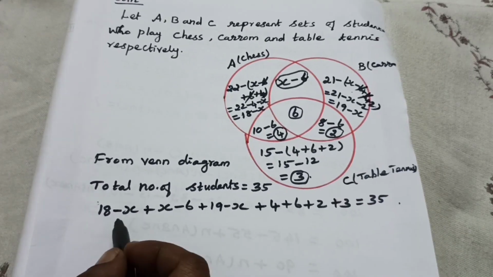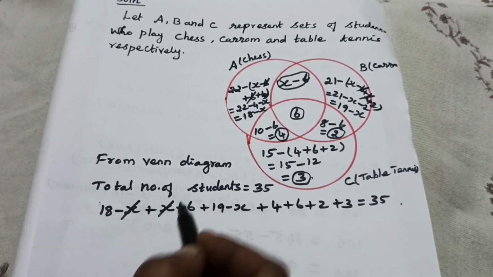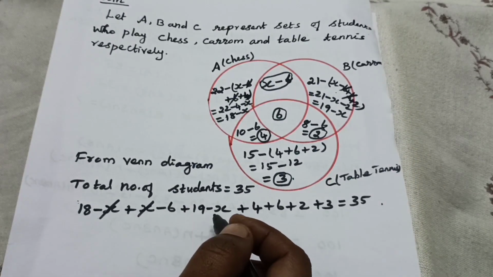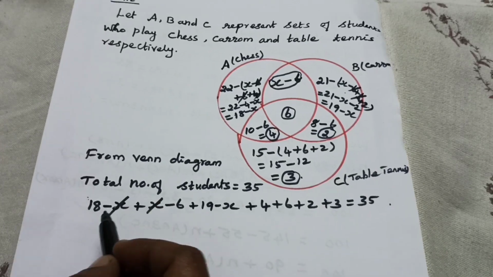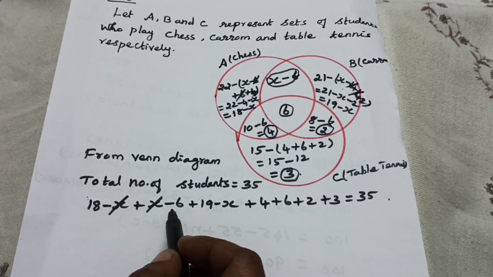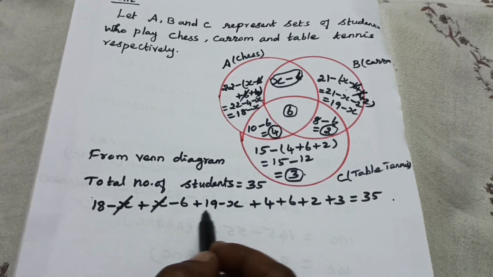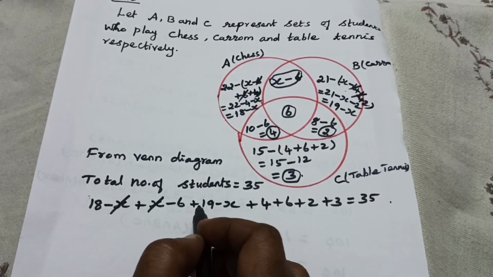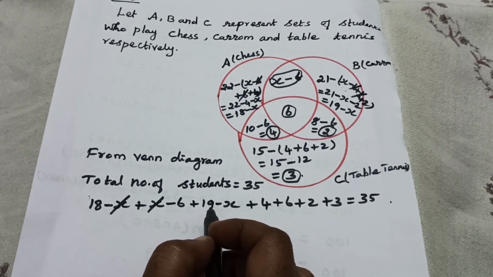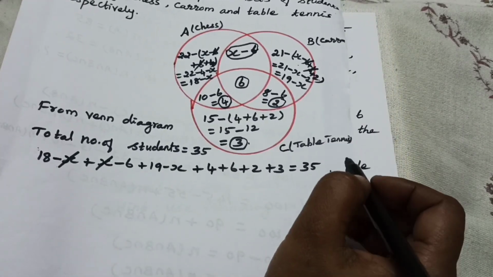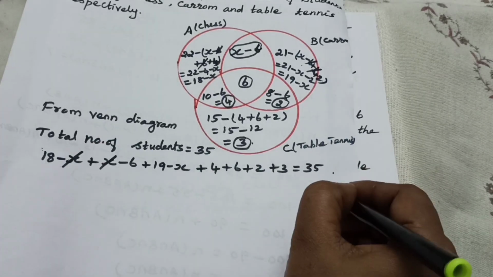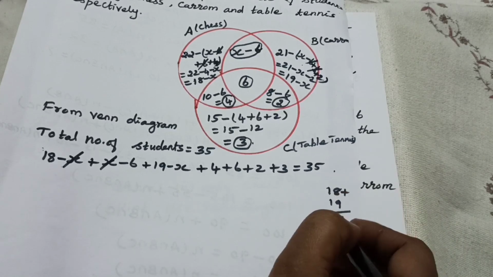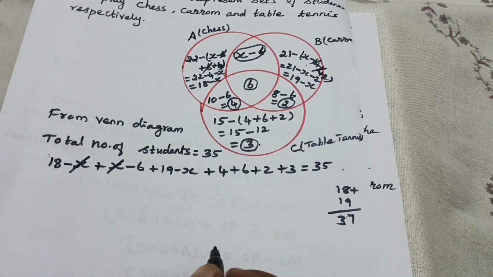Equal to 35. This minus X plus X we can cancel, isn't it? Like that, here can you cancel anything? No, isn't it? Here 18 minus 6, all positive values we have to add first. 18 plus 19 is 37, isn't it? 37.